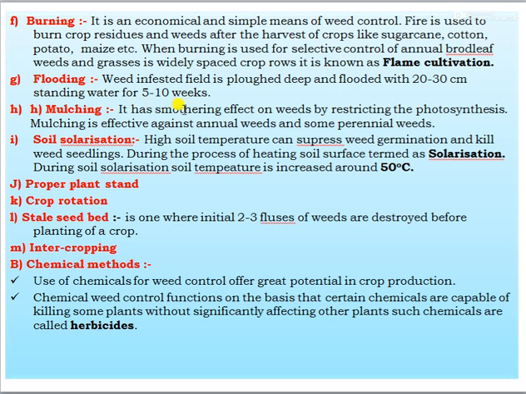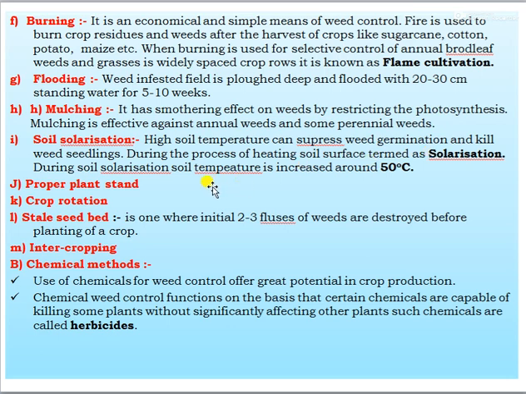Then the next one, mulching. It has a smothering effect on weeds by restricting photosynthesis. Mulching is effective for control of annual and some perennial weeds. Then soil solarization. High soil temperature can suppress weed germination and kill weed seedlings during the process of heating the soil surface, termed solarization.